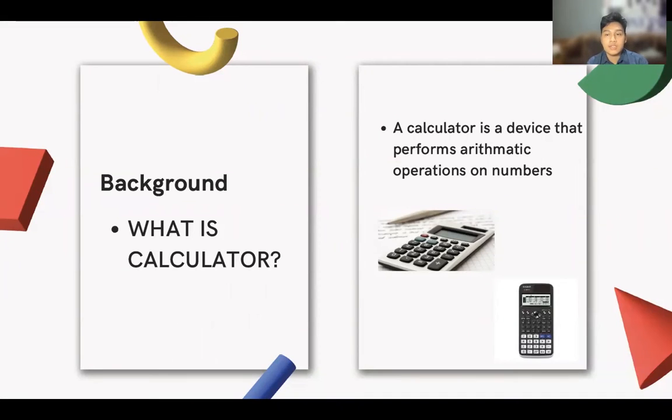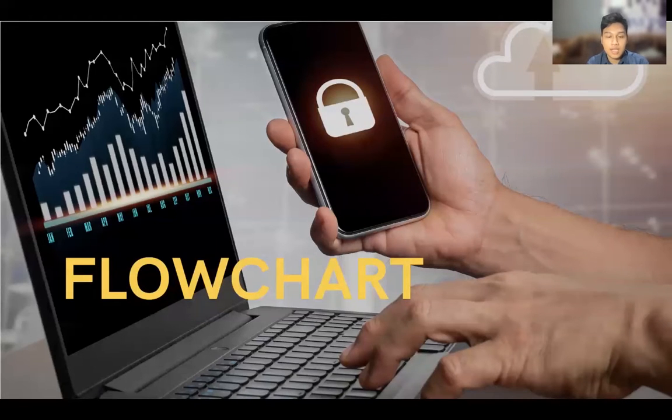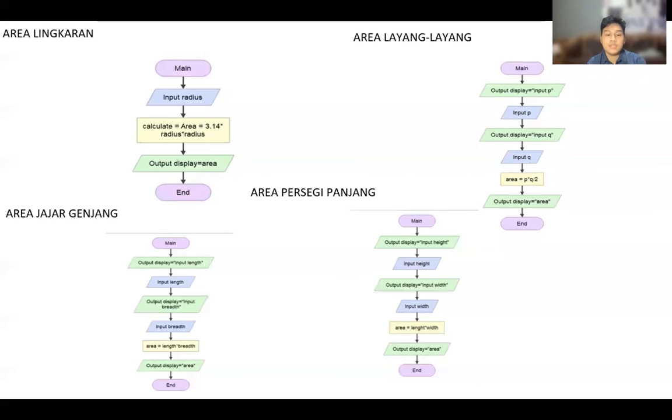A calculator is a device that performs arithmetic operations on numbers. In the next slide, I'm going to show you the flowchart of this project. This flowchart aims to find out the result of the area or volume of a field.